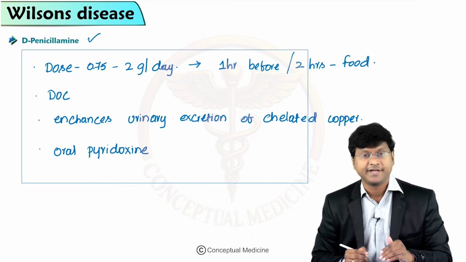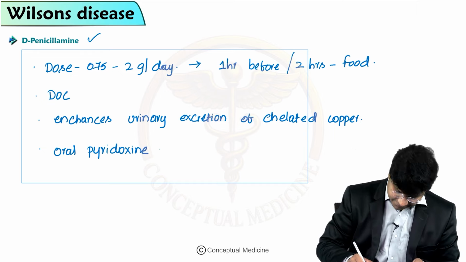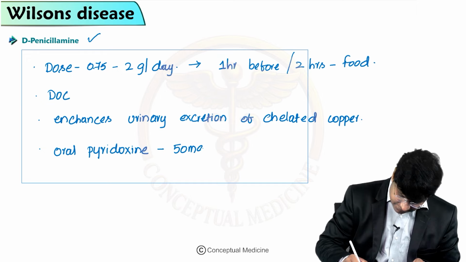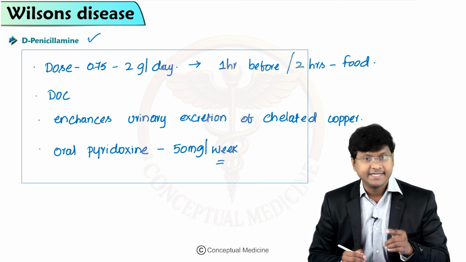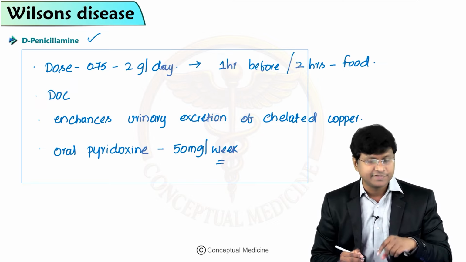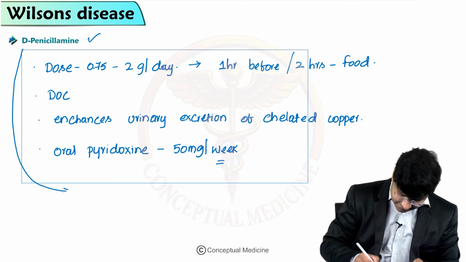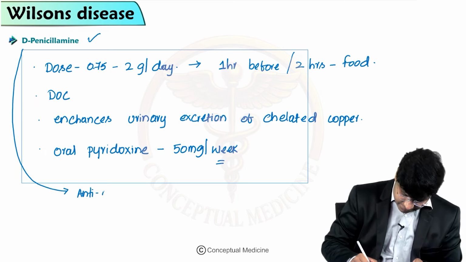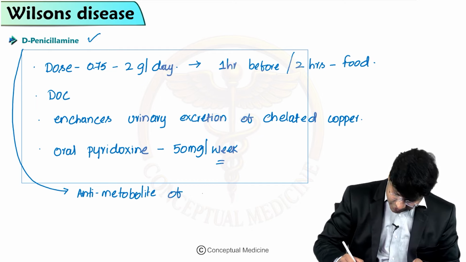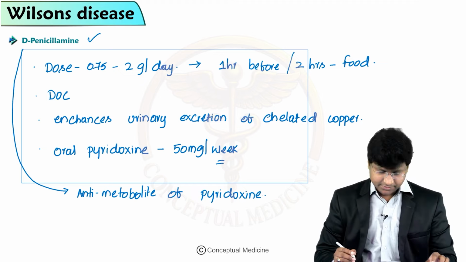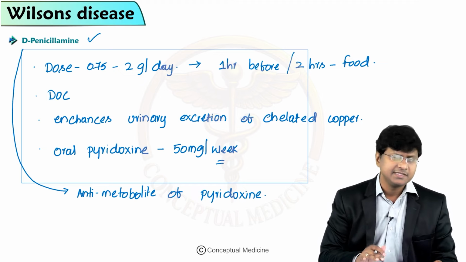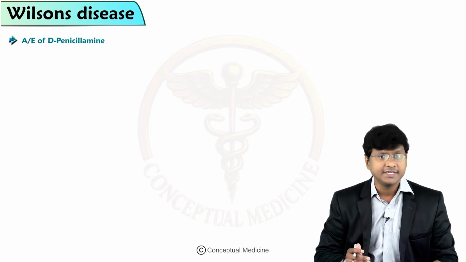The dosage of oral pyridoxine is 50 milligrams per week, and that is added because D-penicillamine is an anti-metabolite of this vitamin, pyridoxine.